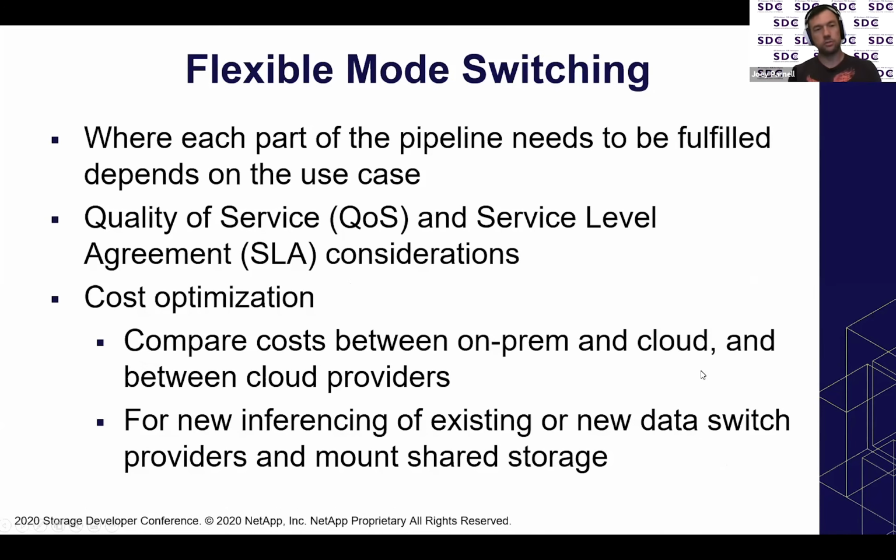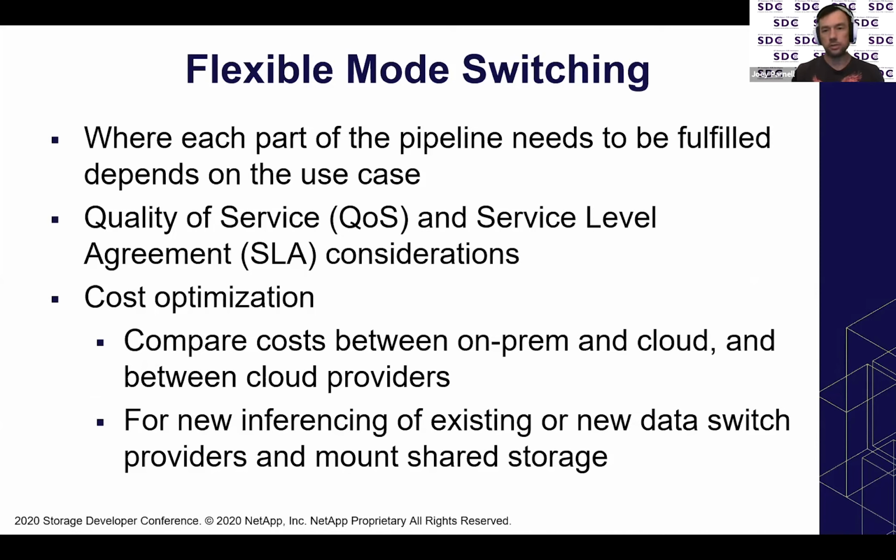Another thing that shared storage enables is flexible mode switching. We already talked about how, for each part of the pipeline, where that work is done depends on the use case. So you have QoS and service level agreements that you have to consider, whether your use case is being adequately fulfilled by whatever hardware you're using.